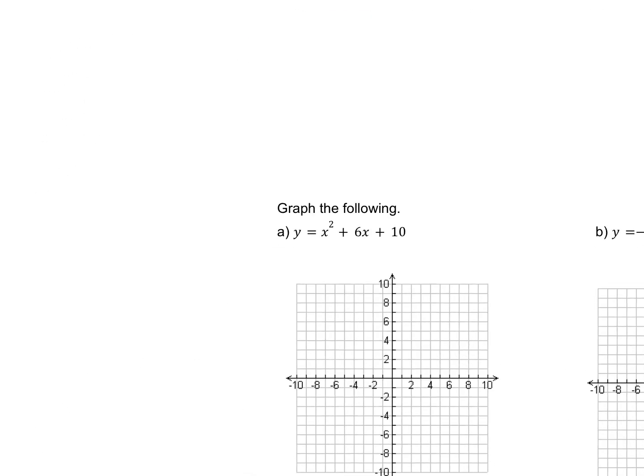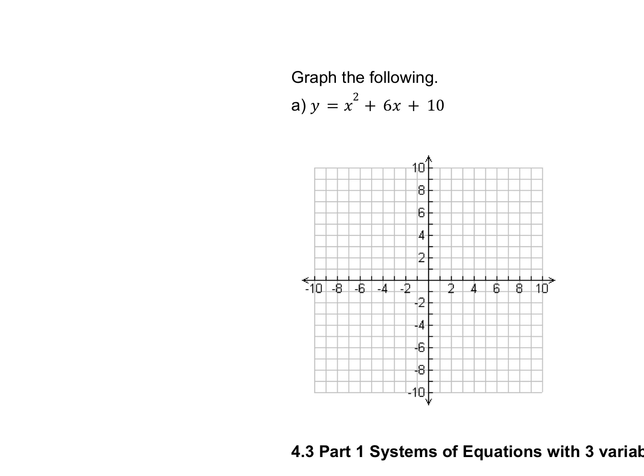All right, let's do one. So we got to find our axis of symmetry first. So the formula is negative b over 2a, so negative 6 over 2 times 1 would be negative 6 over 2, so negative 3. So x equals negative 3 is my axis of symmetry.